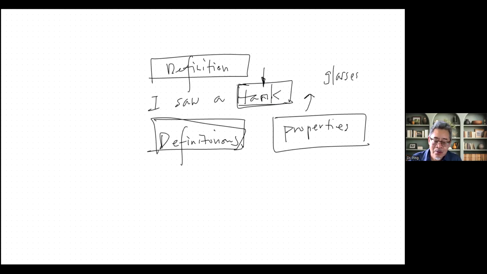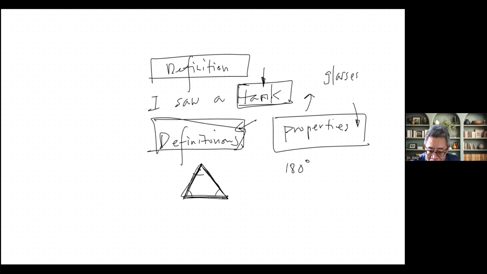So you're going to see those two terms a lot: definitions and properties. Especially when we study geometry, take the triangle. The definition is that we have a closed figure with three straight sides. That's the definition of a triangle. But a property of it is that all the angles add together to 180. That's a property.